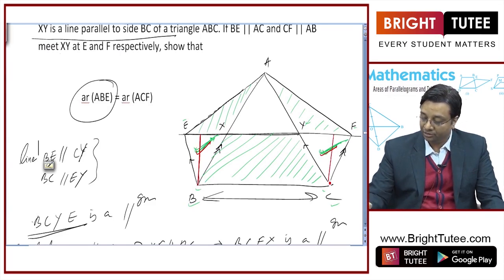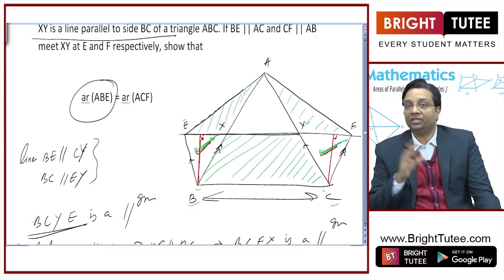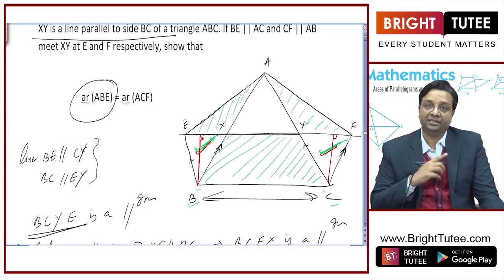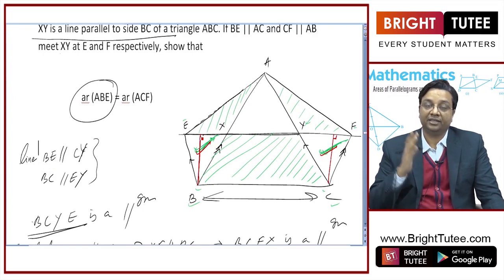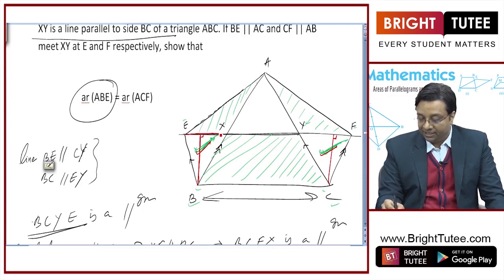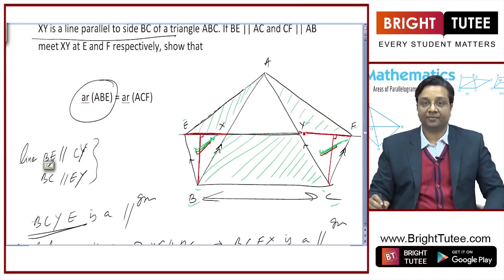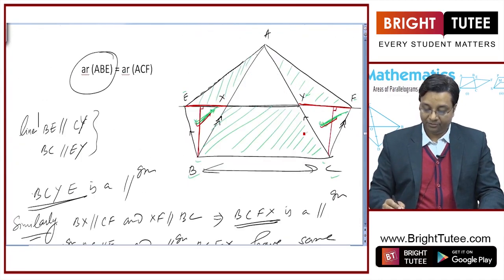So these heights are also same. So these two triangles have got equal areas. They have got same heights. What about their bases? Their bases will also be equal, right? So I can say XE will be equal to YF. Why? I will tell you.